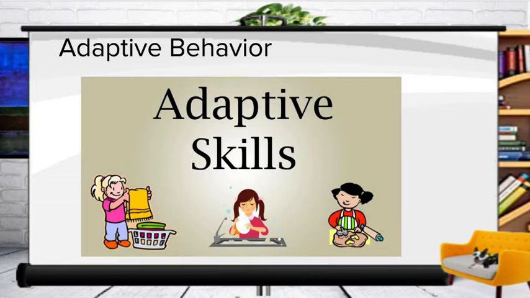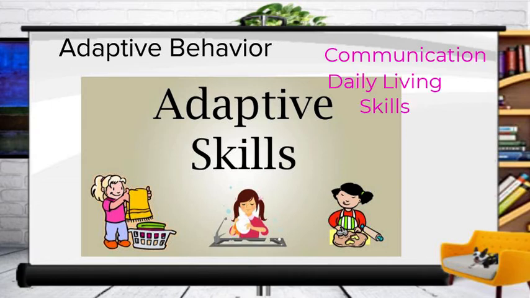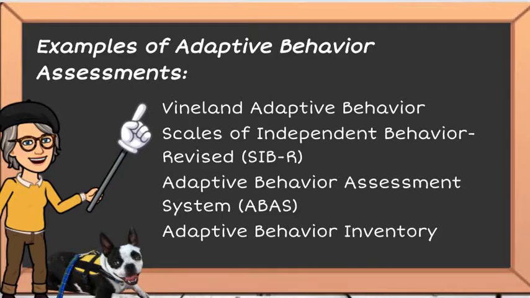Typically, we assess areas of communication, daily living skills, socialization, and motor skills. Some examples of assessments we would use for adaptive skills would be, the most common I think is the Vineland Adaptive Behavior Scale. We also look at scales of independent behavior, the Adaptive Behavior Assessment System, or the ABI Adaptive Behavior Inventory.